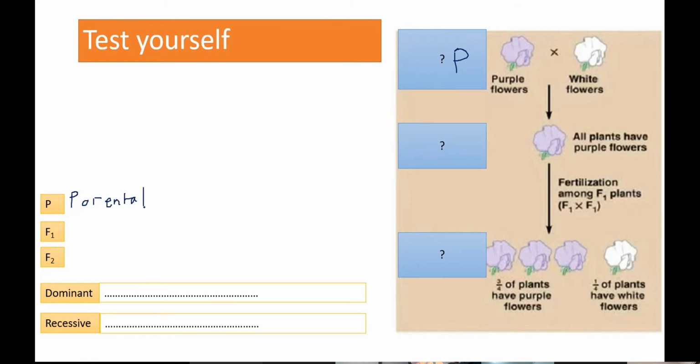How about F1? From this diagram, the second one is F1. Okay, very good. F1 is the symbol of the first filial generation.